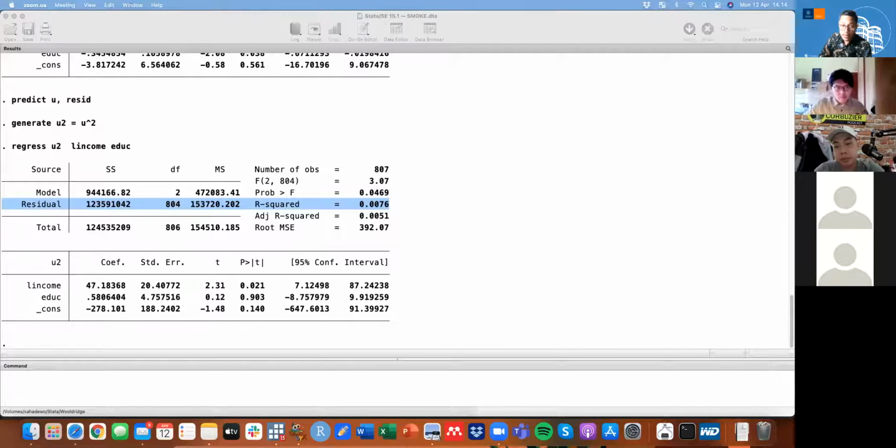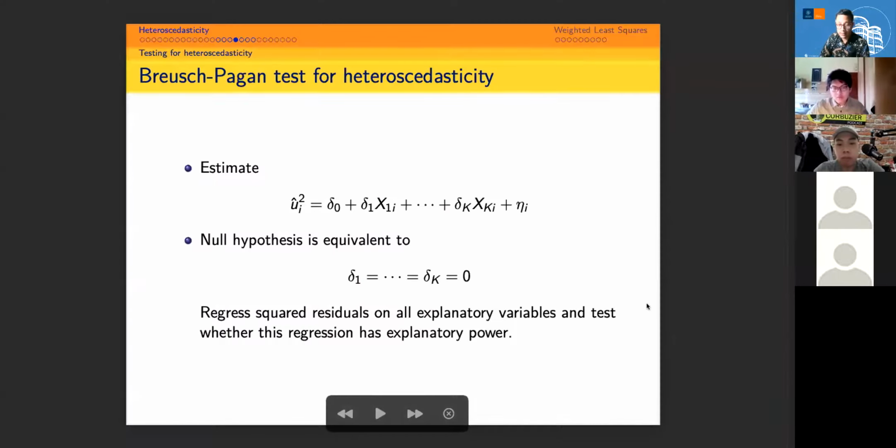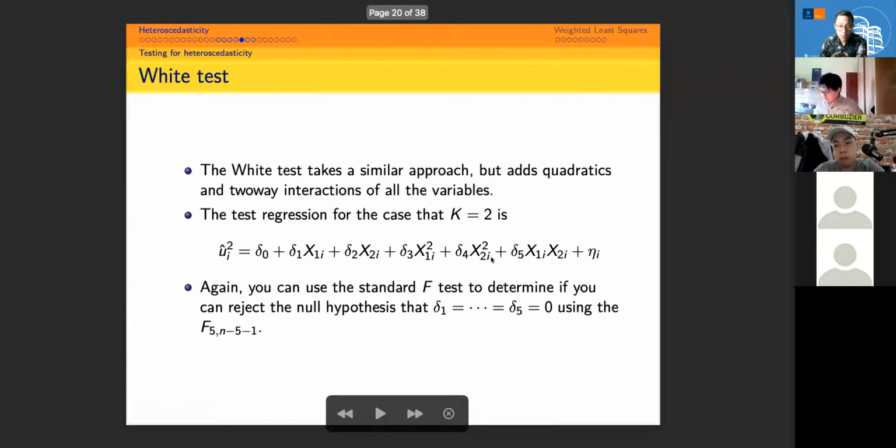I'm going to go back to the slide and discuss the next test. The next test is called the White test. The White test takes a very similar approach. It has the same null hypothesis and thus the same alternative hypothesis.